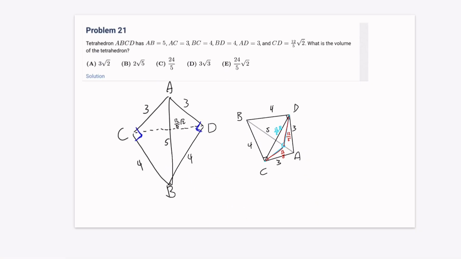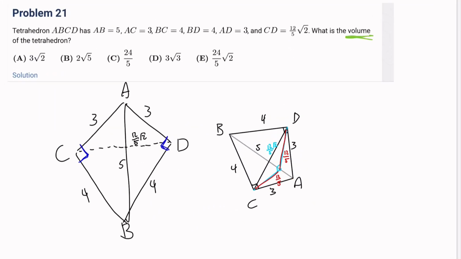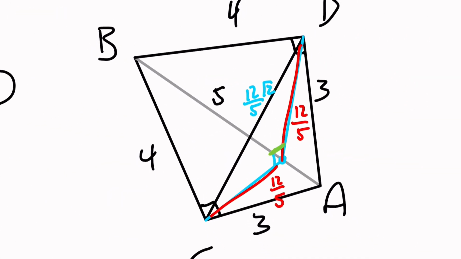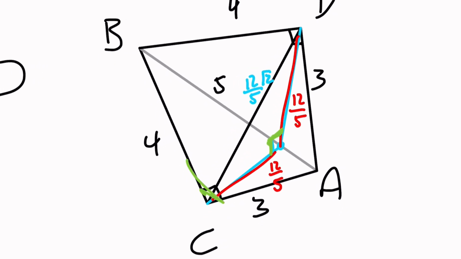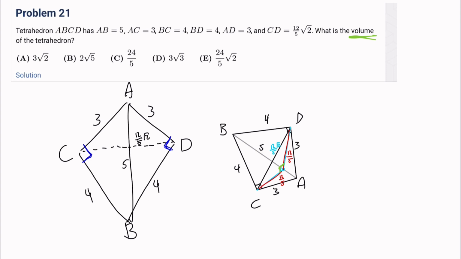And so what we wanted is the volume, right? Since now we have established that this is indeed a right angle, if BCA is the base, then this will be the height of the tetrahedron.